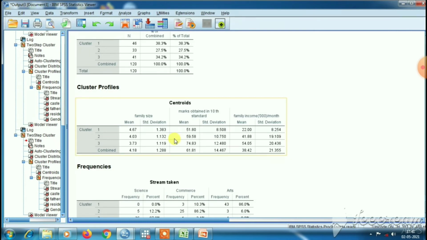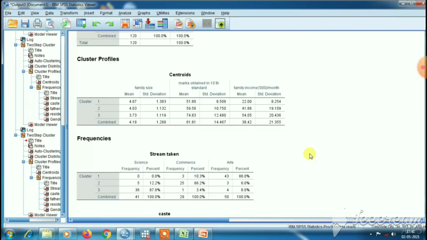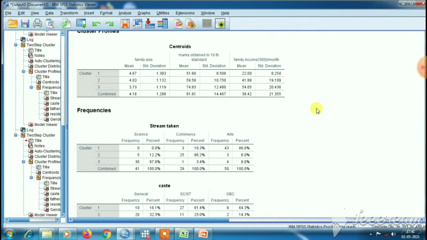Okay, centroid. With respect to family size, marks obtained, and family income, that means these are continuous scale data variables. With respect to stream taken, cluster 1 has 0% science, cluster 2 has 12.2% science, cluster 3 has 87.8% science.